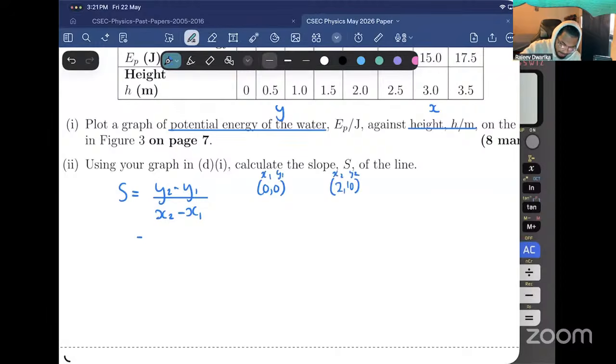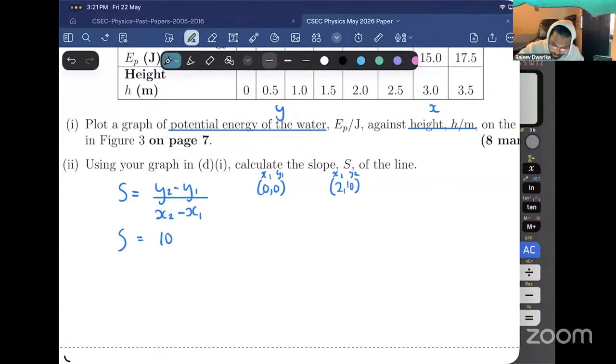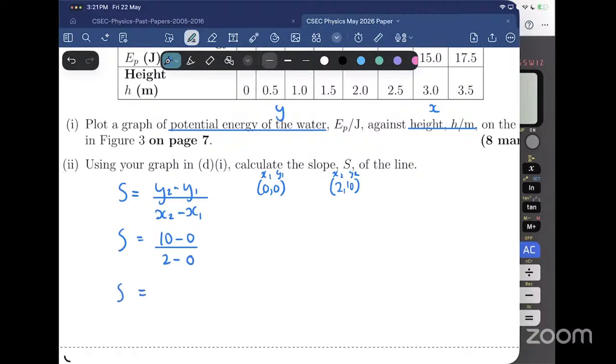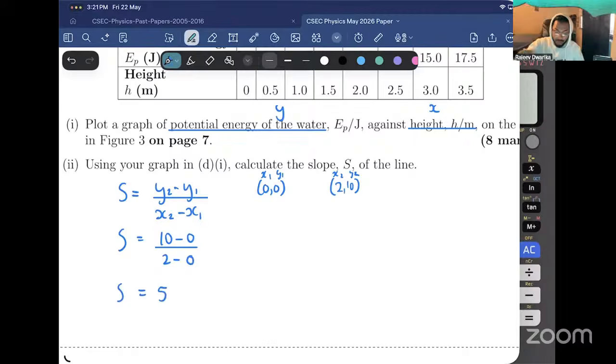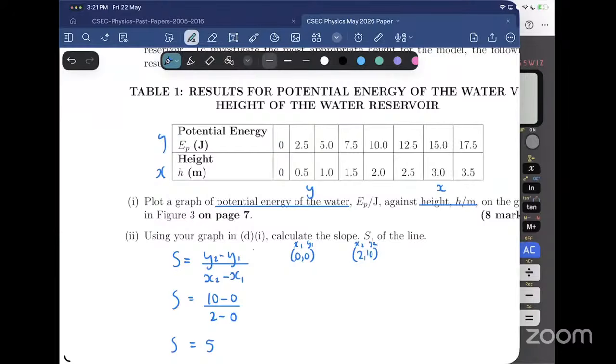So what to do next? Substitute. So that'll be 10 minus 0 all over 2 minus 0. What are we getting? 5. And you have to put your units. On the y-axis, what were we measuring? Joules. So it'll be joules over what?